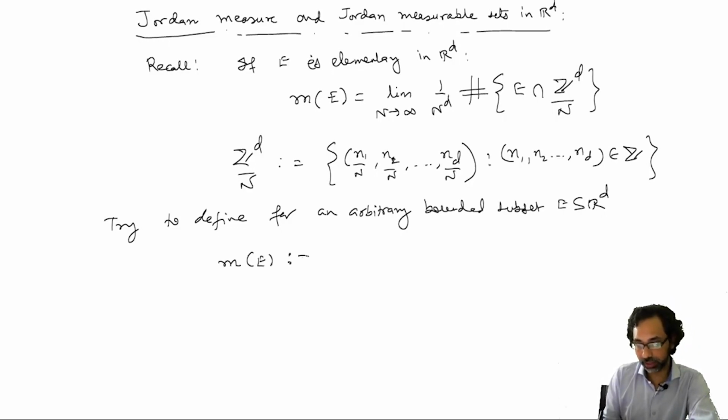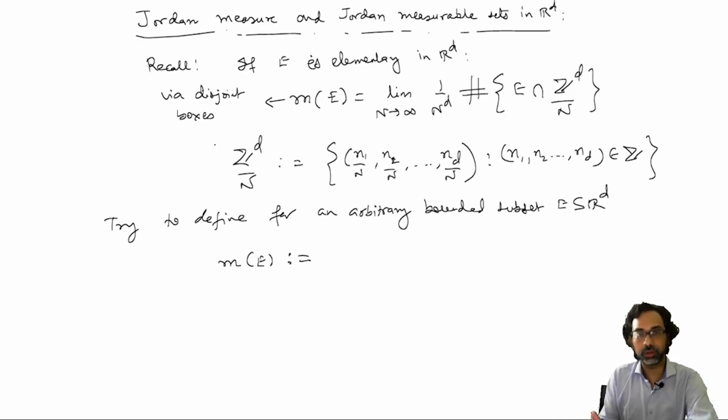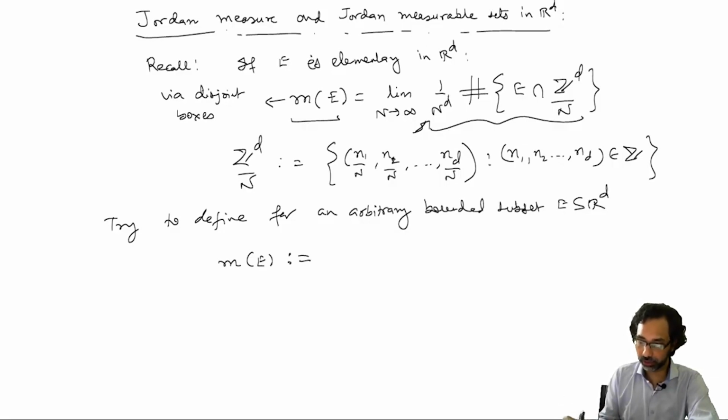Remember that our definition of m(E) was via disjoint boxes, and you took the sum of the measure of these boxes, but we proved that this is equal to this limit. This is some kind of counting, but by normalizing it by a relevant factor n to the power d, we get a formula which gives you m(E), the elementary measure of E.